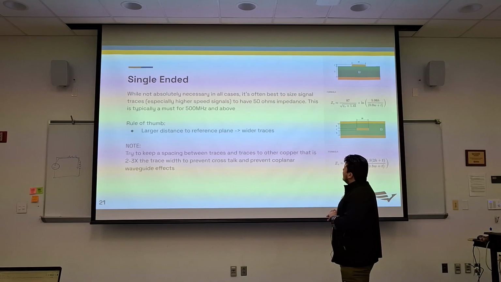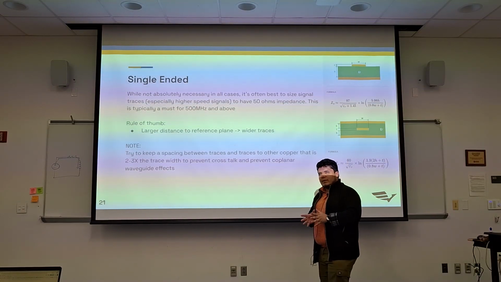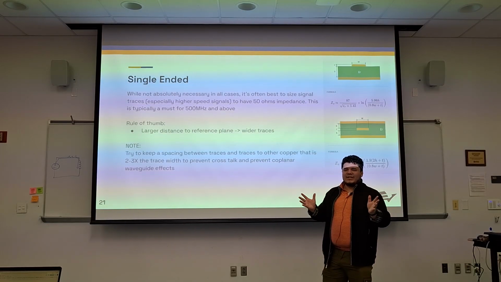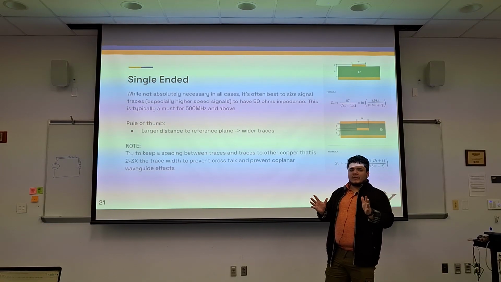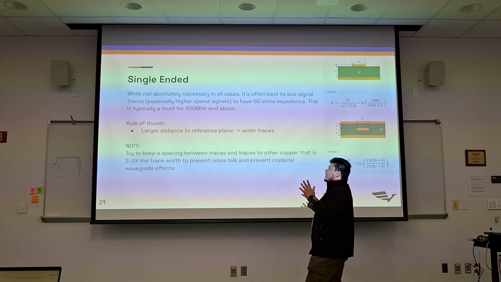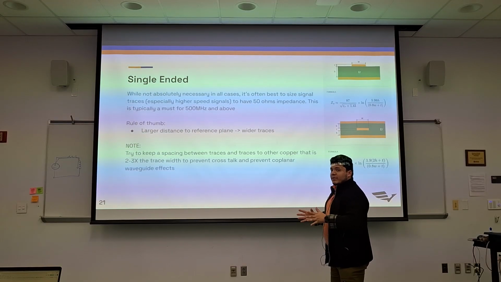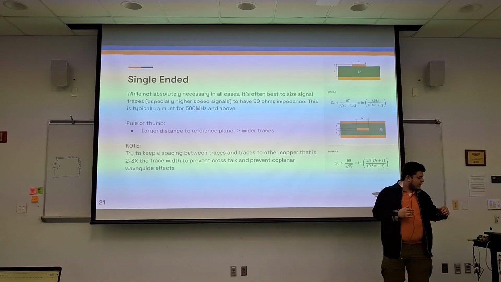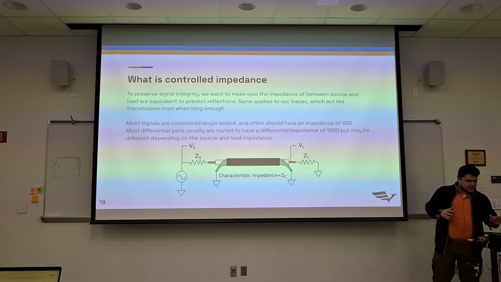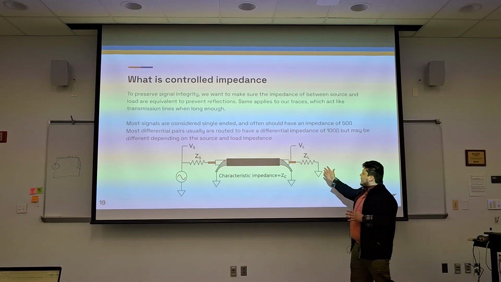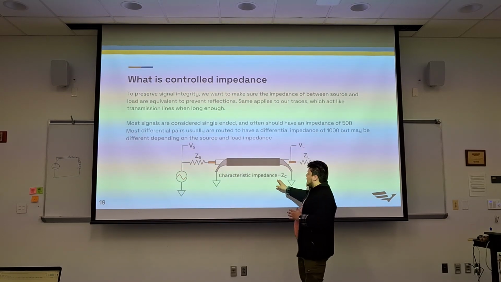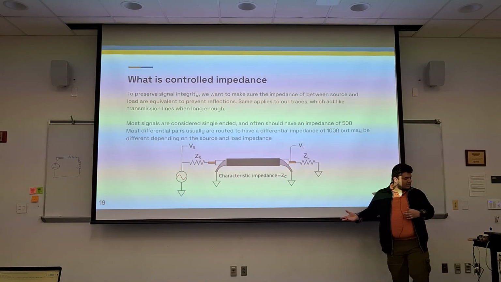Generally speaking, we want to design for 50 ohm impedance. Most everything, especially in RF, is sized and has an impedance of 50 ohms. And so if we return to our characteristic impedance image, if this is 50 ohm and this is 50 ohm, then our trace should also be 50 ohm, right? Naturally.